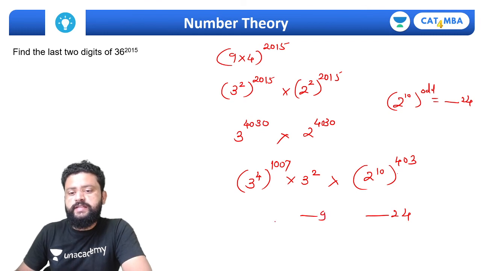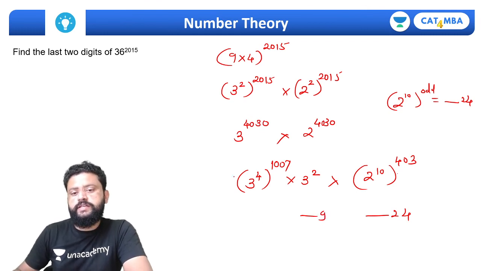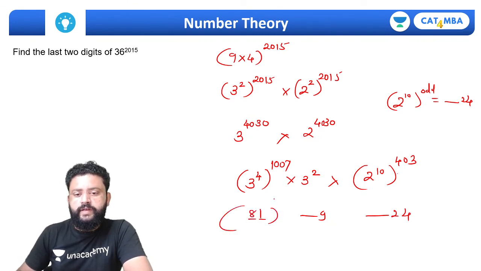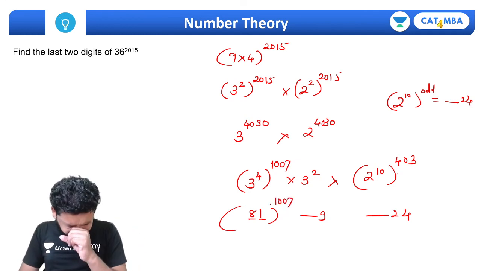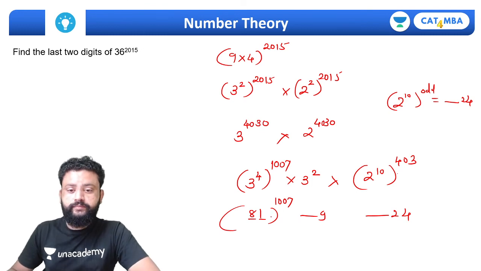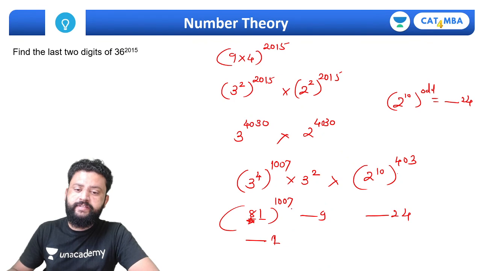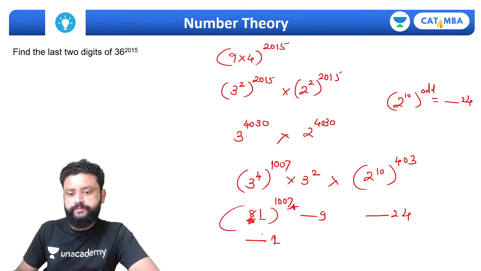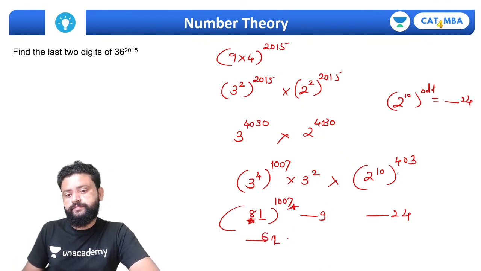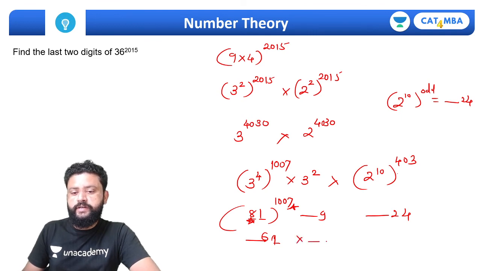Then this is 9 and 3 square is 9. 9 9s are 81. 81 to the power 1007. So the last two digits will be 61, and the next thing is 8 7s are 56. So 61 into 9 into 24. So let's do it.